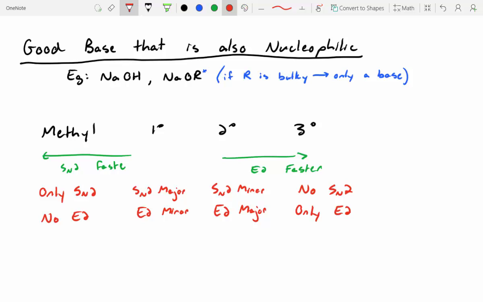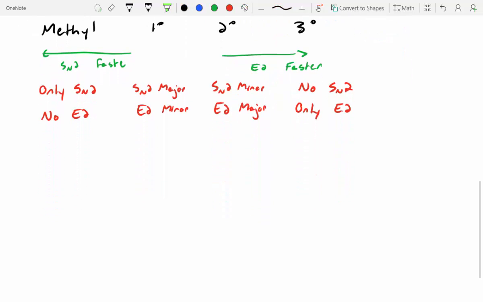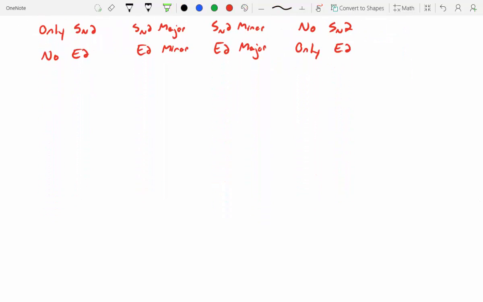Okay, and there are some weird exceptions, typically involving primary groups that have sterically blocking groups further away. Those can favor E2 a little bit over SN2, but these are good general guidelines. Okay, so now we've got our last class of molecules. These are things that are weak nucleophiles.